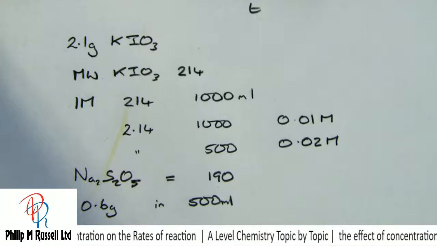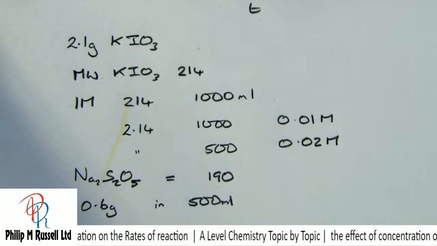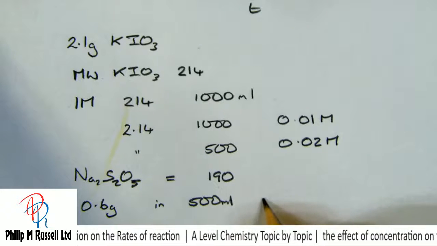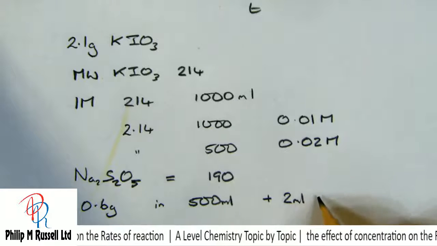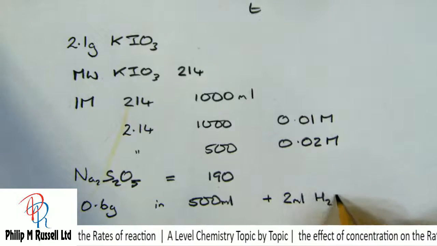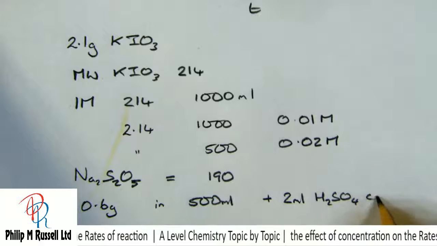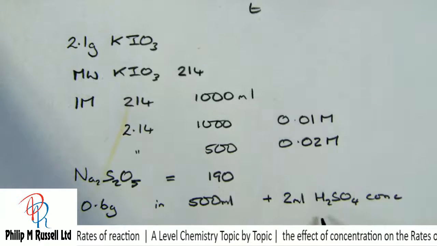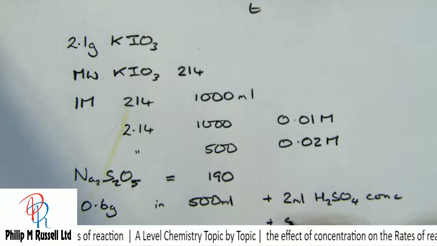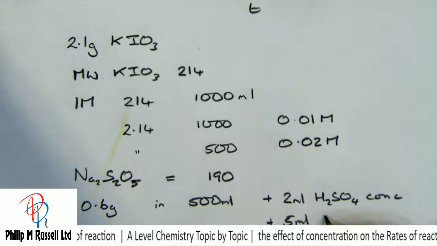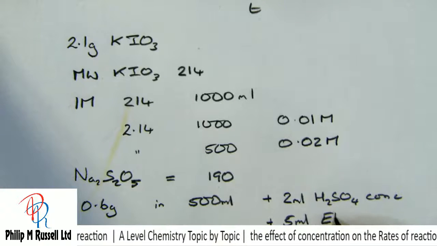Can you work out the concentration that I had of this? If you're interested, I also added 2 mLs here of concentrated sulfuric acid just to make it acidified, and I added 5 mLs of ethanol.